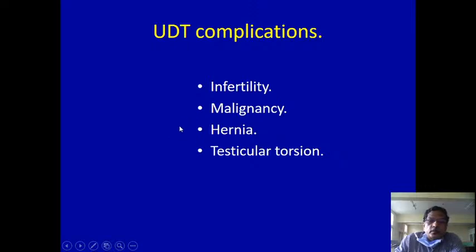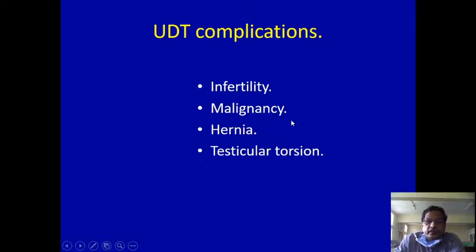You see, most of these cases of undescended testes have an associated patent processus vaginalis. I was telling you, processus vaginalis will normally get obliterated, from the level of the upper pole of the scrotum to the peritoneum. It gets completely obliterated.